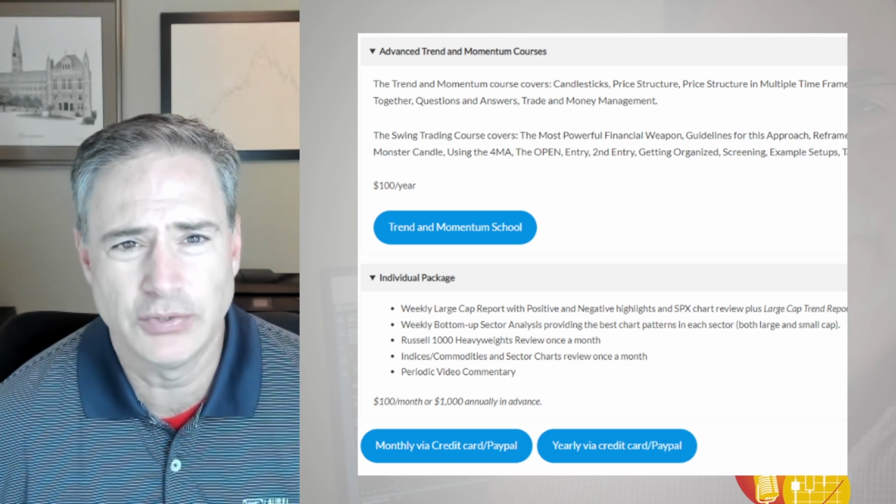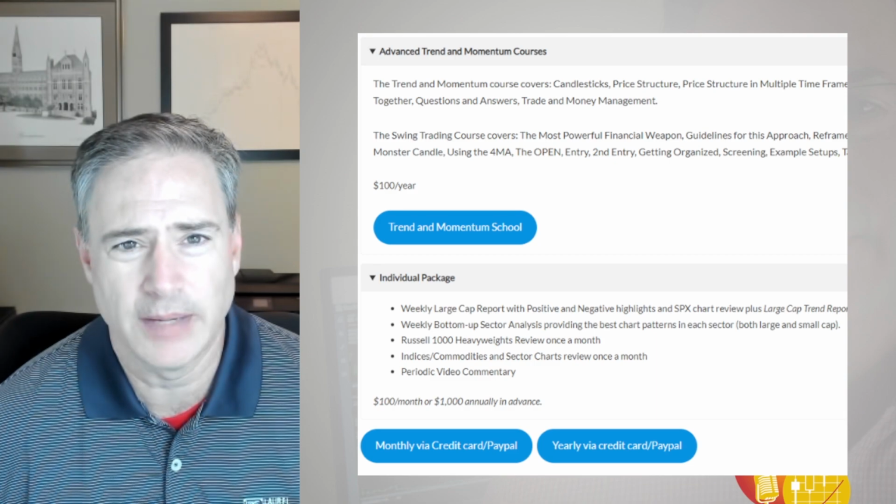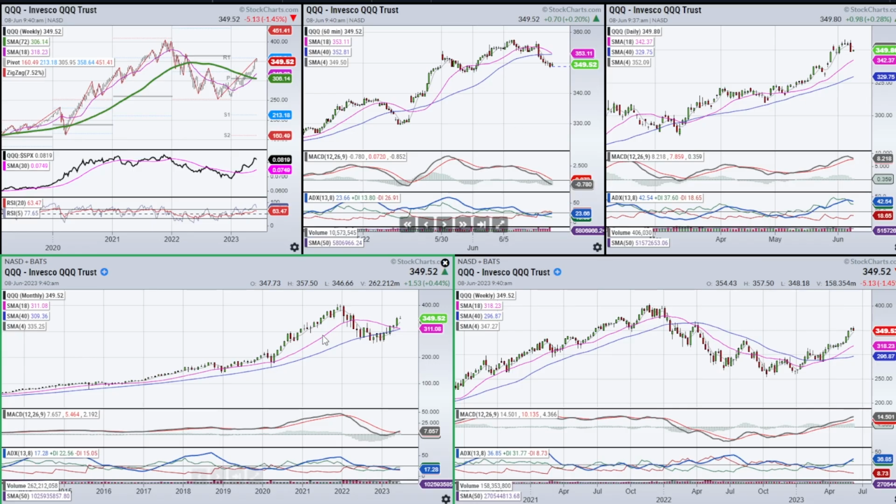Let's go ahead and get into the individual requests that came through. Okay, so now I've got my 5 charts up, and I still have the QQQ up. Before I get into the symbol requests that came through, let's just look at it now in terms of the lesson. I'd focus in on the weekly chart and the daily.